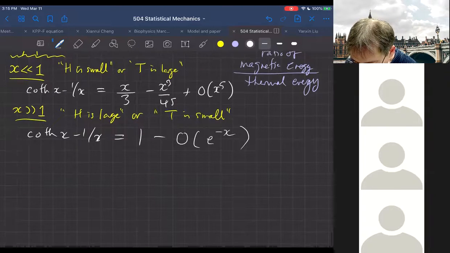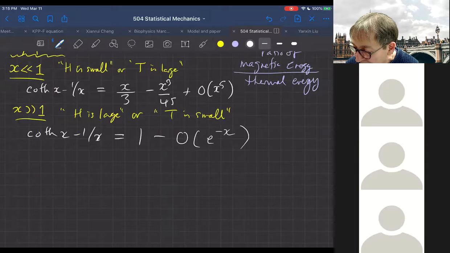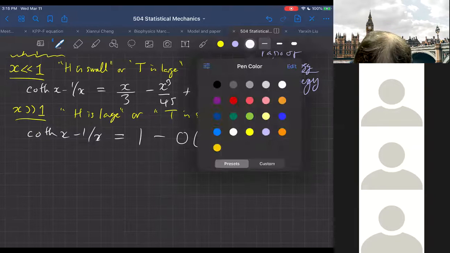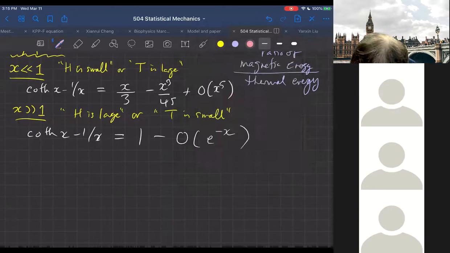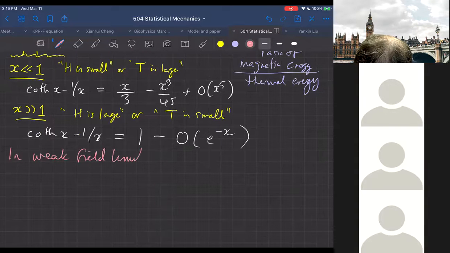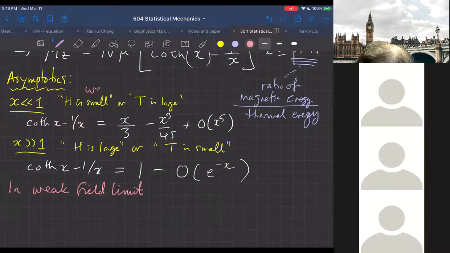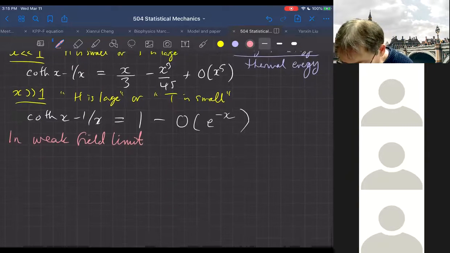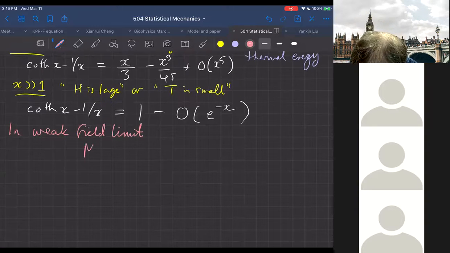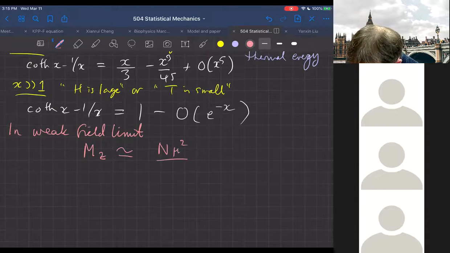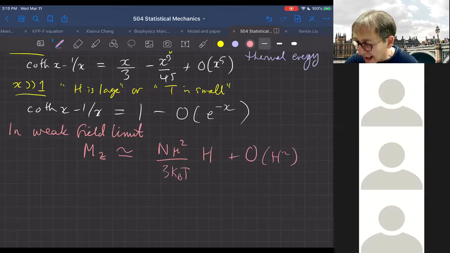And so what that means is that in the weak field limit, which means h is small, then what we get is that mz is scaling like n times mu squared over 3 kbt h plus higher orders in h, and this is what you would expect.